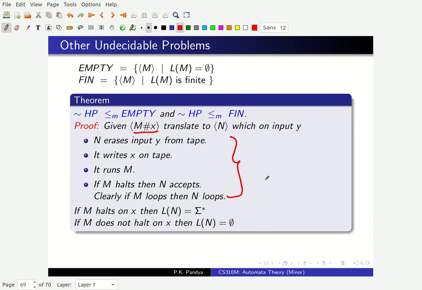So this translation actually gives you simultaneously a many to one reduction from not HP to empty and complement of HP to fin. And hence, because we know not HP is not RE, this is also not RE and this is also not RE. So we have proved that these two languages are so complicated that no Turing machine can even semi-decide them.